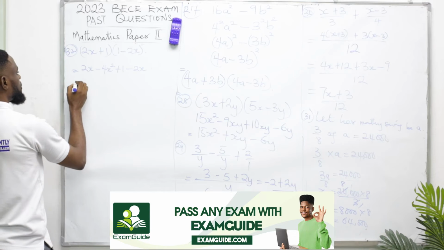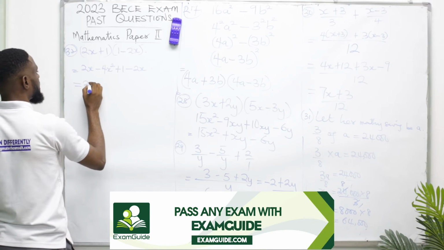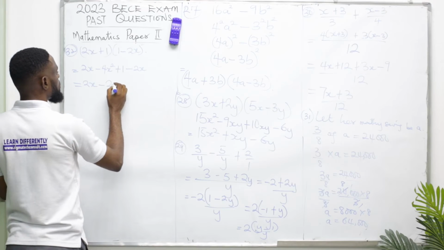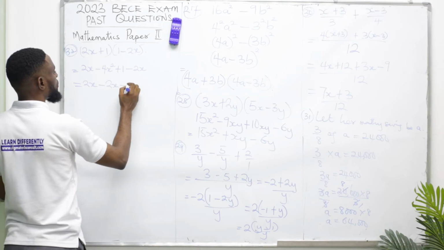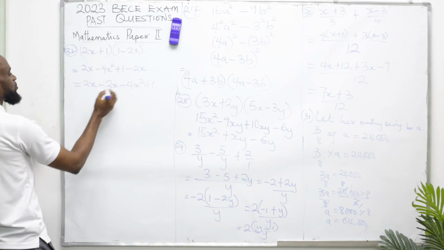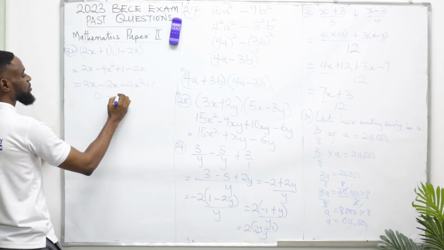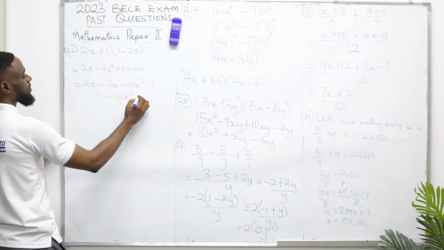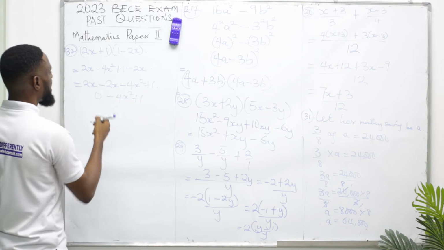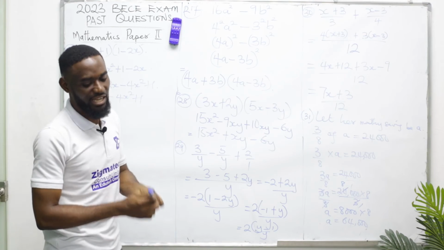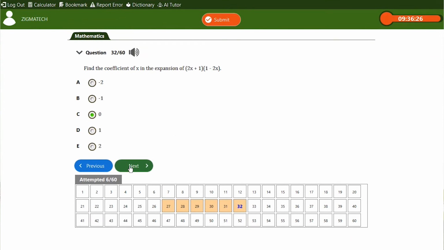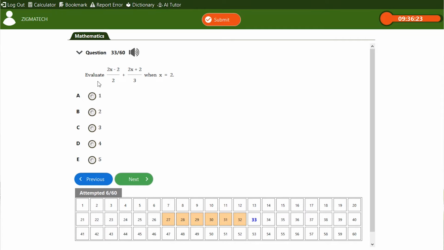So we have 2x minus 2x minus 4x squared plus 1. So 2x minus 2x is 0, minus 4x squared, plus 1. So the coefficient of x there is 0, okay? It has no coefficient, so 0 is the correct option there. Let's go to the next one.